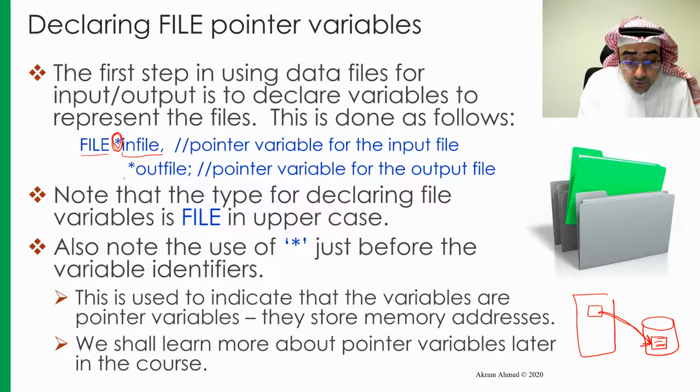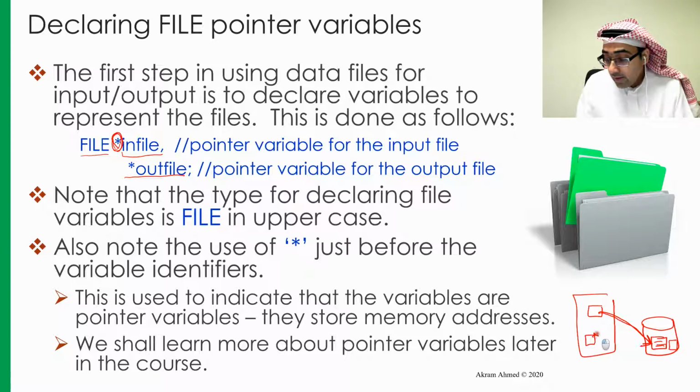Now over here we also declare another variable of type FILE. It's a pointer and it's called outfile, so we basically have two pointers. We might have another file over here, and this is pointing to that file, okay? Now note that we are using a pointer.